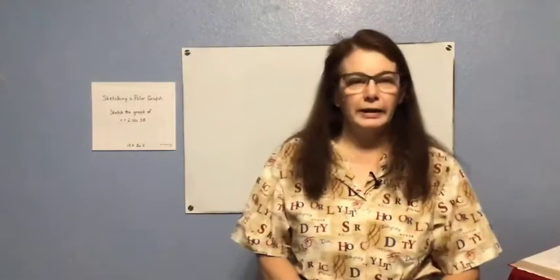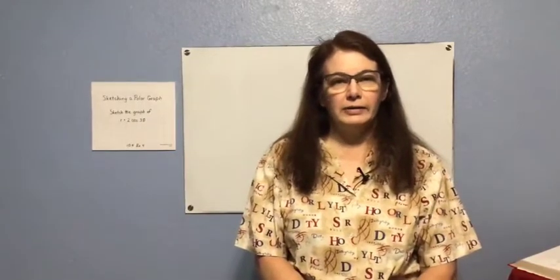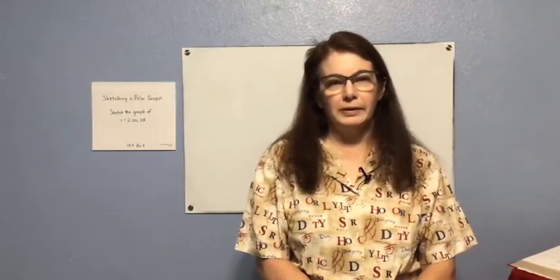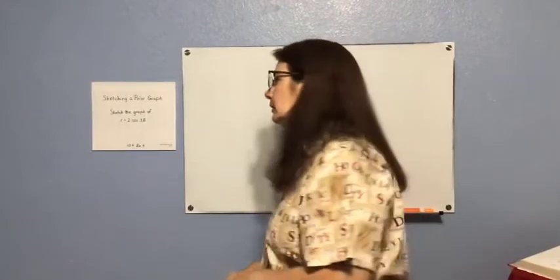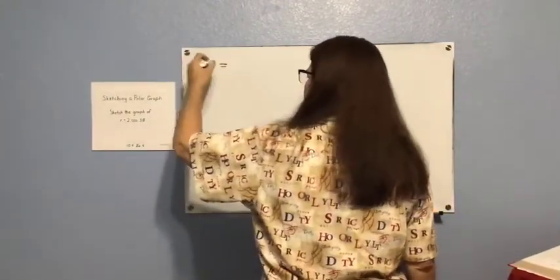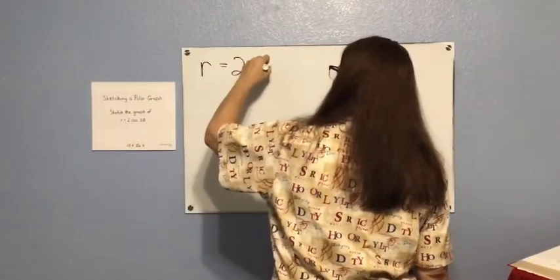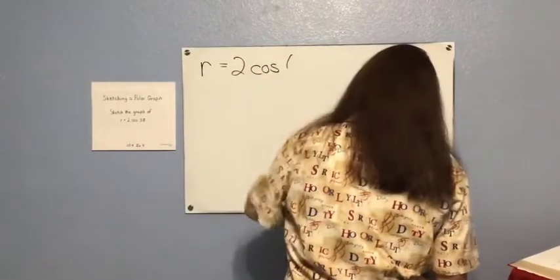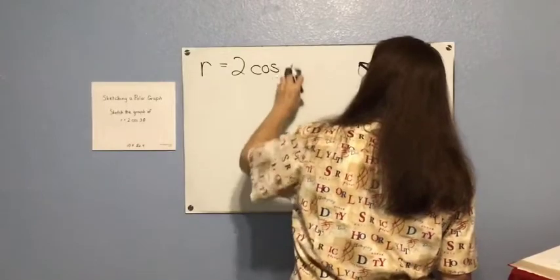We are going to look at a couple of examples of how to sketch a polar graph from the equation. So we'll start with this one. r is equal to 2 cosine of 3 theta, not just theta.